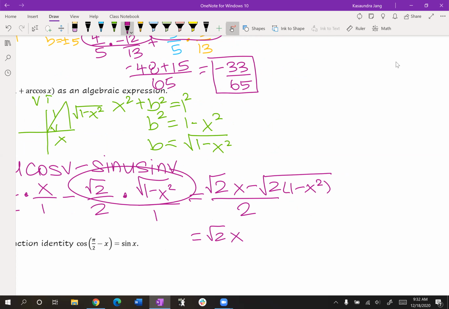Root 2 times x minus, if I distribute that 2, I get the square root of 2 minus 2x squared. Okay, so here is my final answer.